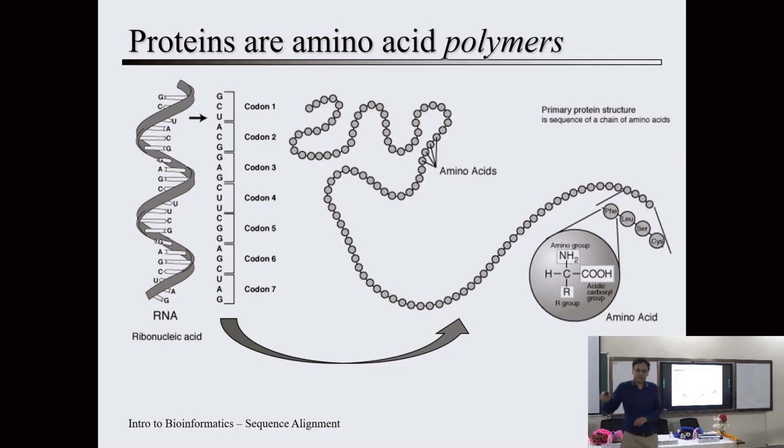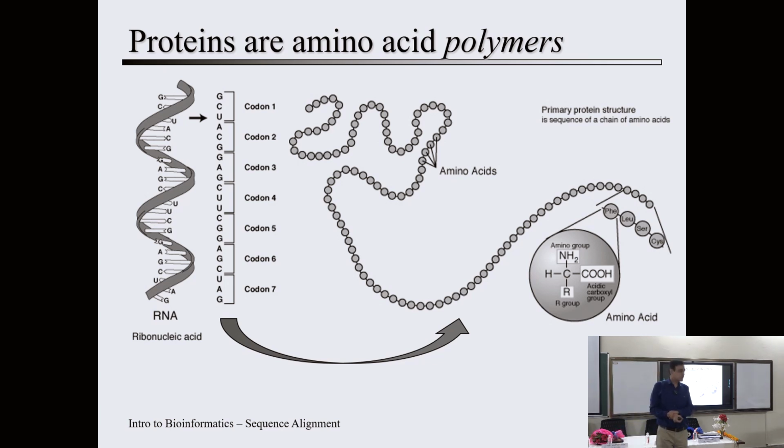So, 4 multiplied by 4 multiplied by 4, 64 triplets are there. But there are only 20 amino acids. So, this was really puzzling, that there are 64 triplets of nucleotides, but only 20 amino acids, which indicates that there is a redundancy in the genetic code.